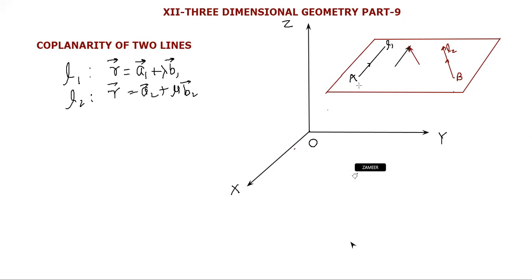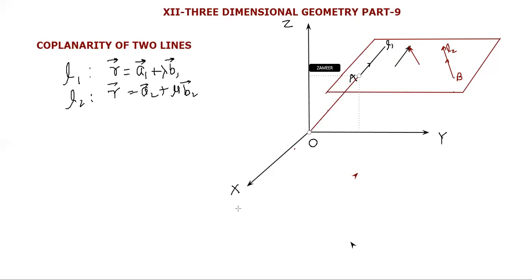Now we have the position vector of A. The position vector of A is OA; from O to A, this is the position vector.